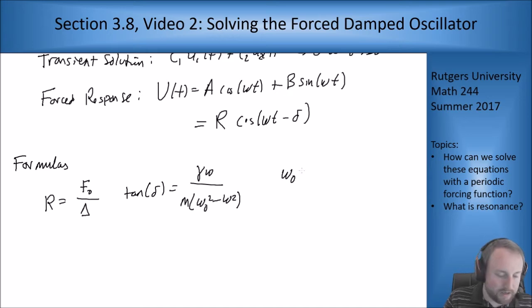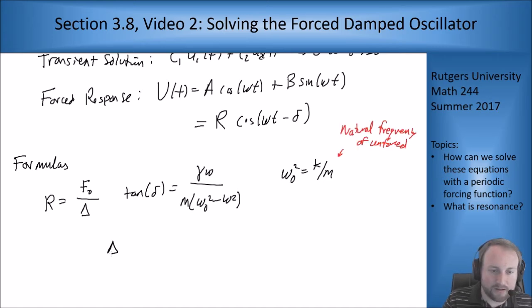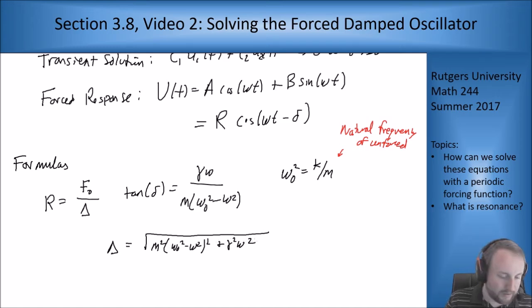Omega 0 squared is k over m. This is the natural frequency of the unforced system. And then this delta term is the square root of m squared times omega 0 squared minus omega squared, quantity squared, plus gamma squared omega squared.